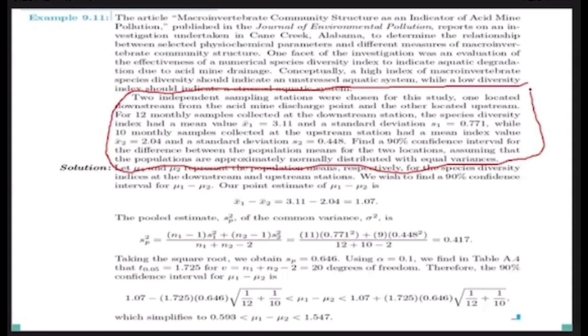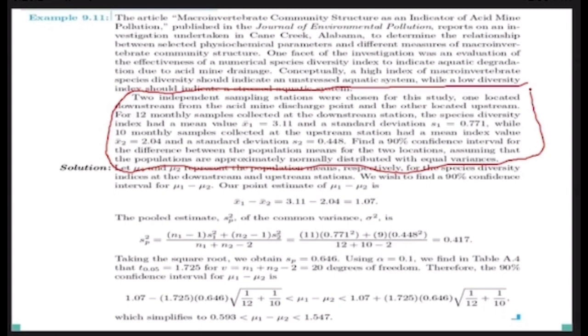Two independent sampling stations were chosen for this study, one located downstream from the acid mine discharge point and the other located upstream. Definitely they want to look at the effect of that acid. That's why you have two different stations. One is experimental, the other one is control. Does that make sense? Okay, now for 12 monthly samples collected at the downstream station, the species diversity index has a mean value of 3.11, and the standard deviation of that.